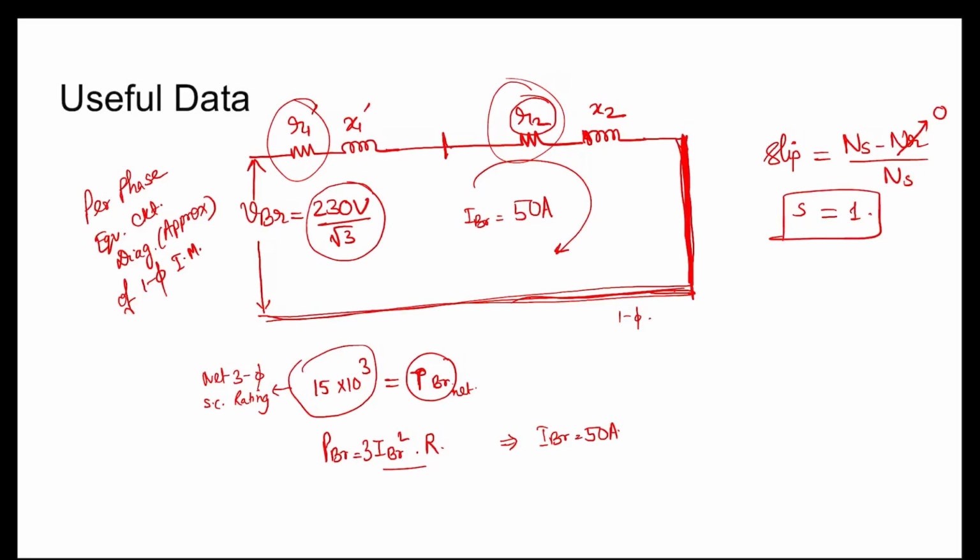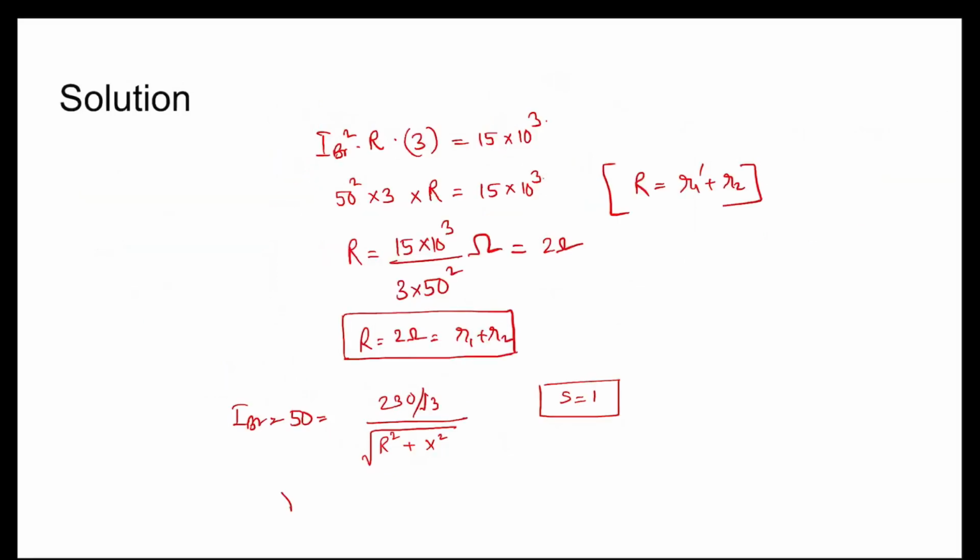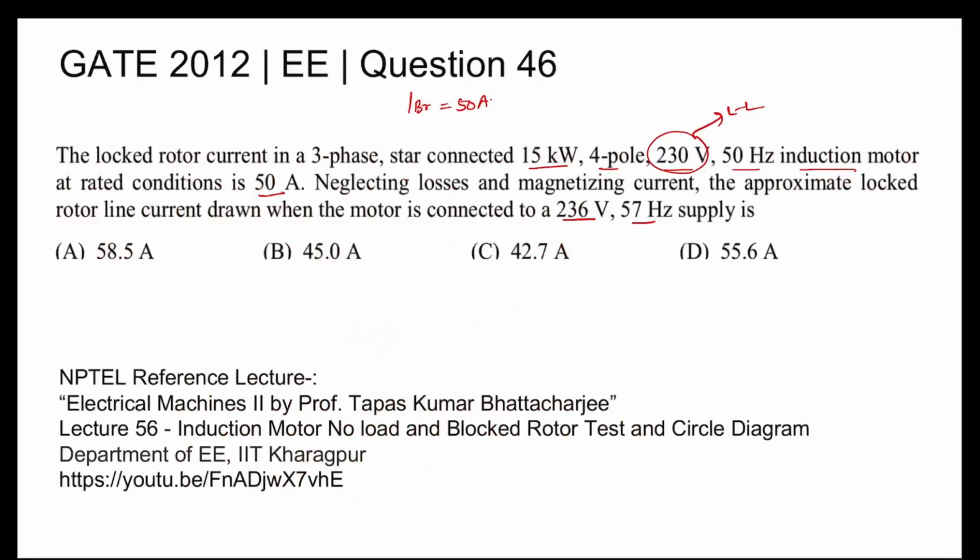Now from here X can be determined as 1.74 ohm. Now this is done at 50 Hertz, because all the parameters are given at this condition in which the test was performed.